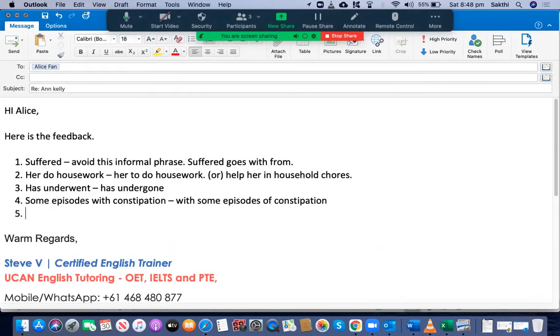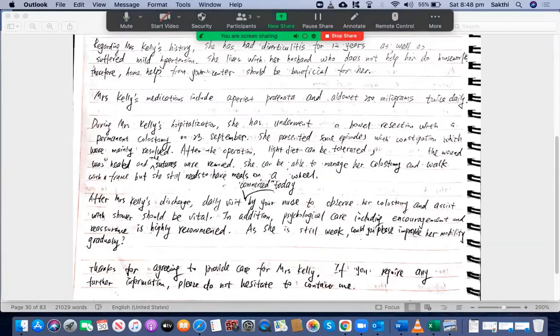Can you go to the next one, please? Which were mainly resolved. Why did you use "mainly" here? Does that add value? In the task they said mainly. Or why not "most of them resolved"?